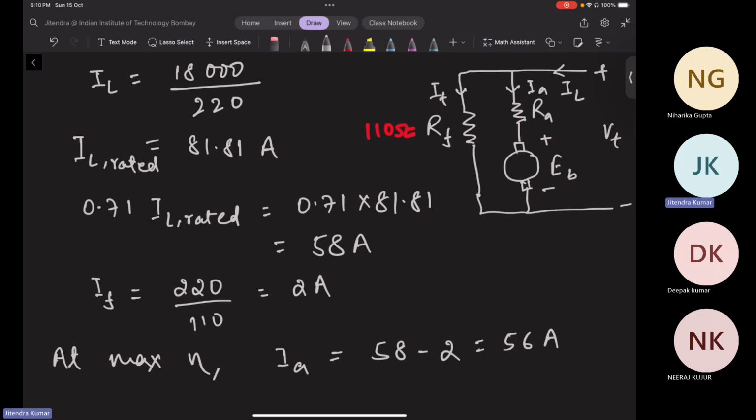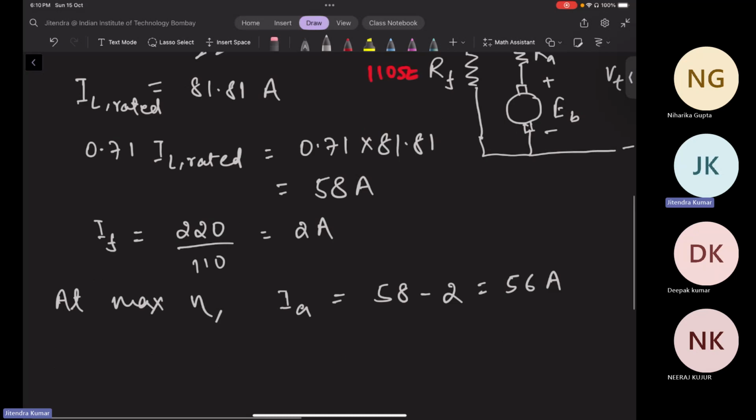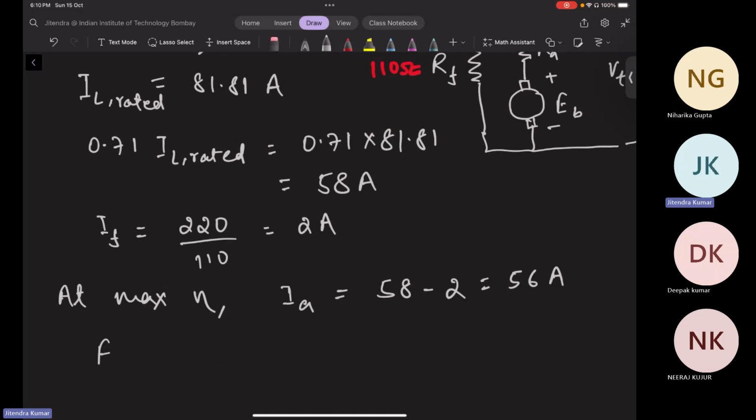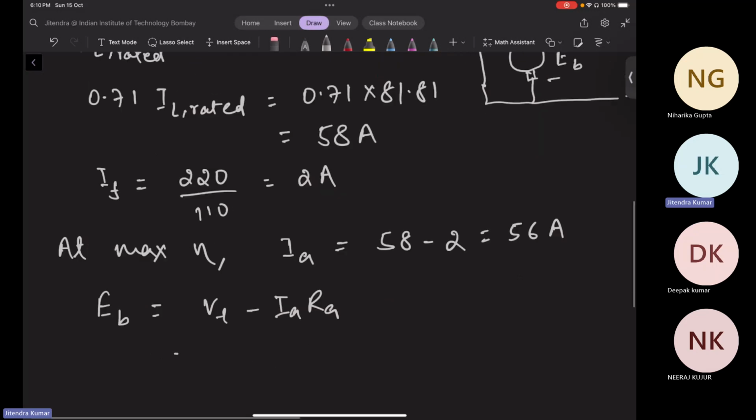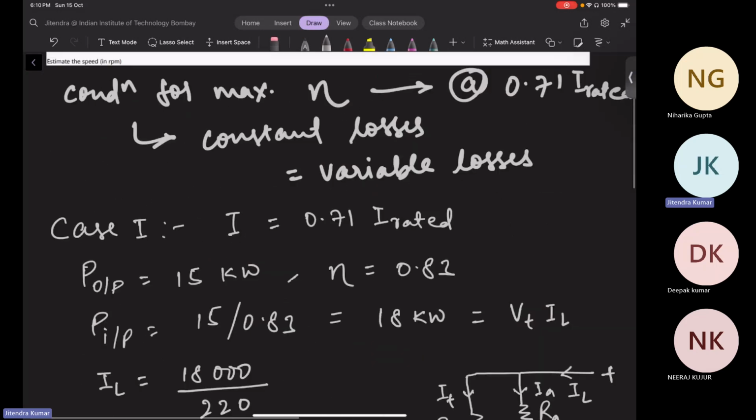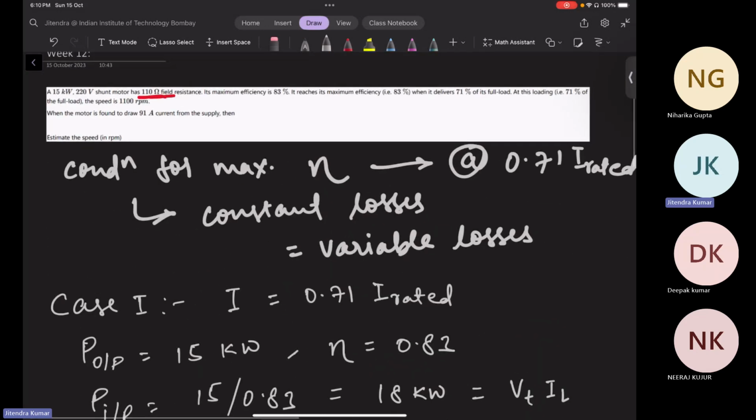So I think now we are good to calculate back EMF. So back EMF will be VT minus IRA. VT is 220 minus 56 into RA. Is RA given in the problem?